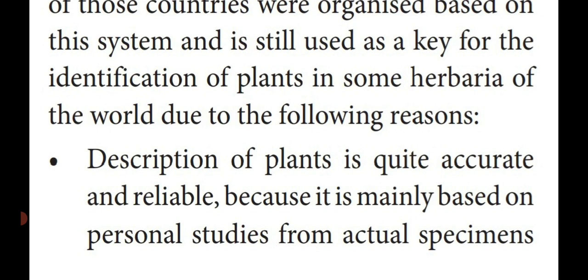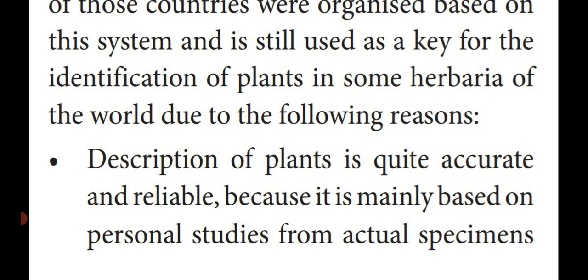The first important character is that the description of a plant is quite accurate. That means exact, because they collected the characters in the natural environment, or natural affinities or characters. So the description of a plant is quite accurate, that means very clear and reliable.